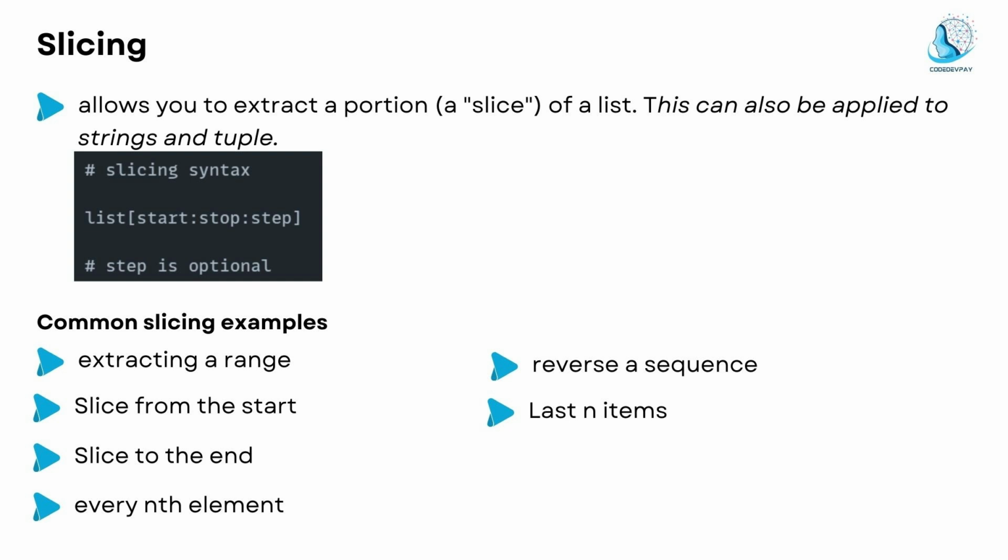We have different slicing examples. We can extract a range, we can slice from the start, we can slice to the end. We can also extract every nth element, we can reverse a sequence, and we can also extract the last n items. So let's look at example for each of these to understand better.